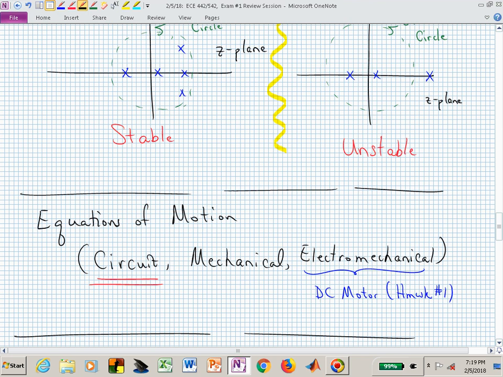There you applied some power electrically and you were spinning something mechanically. It's an electrical, mechanical, and electromechanical system. On the exam, we'll probably focus on a circuit problem.